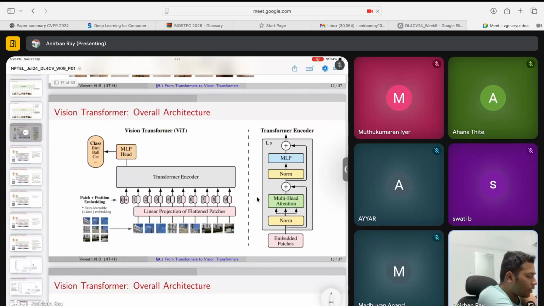So here in the vision transformer, this is the structure as you can see. Patch plus positional embeddings are input into the transformer encoder. We also maintain a class embedding. The class of the image is input as a CLS token.